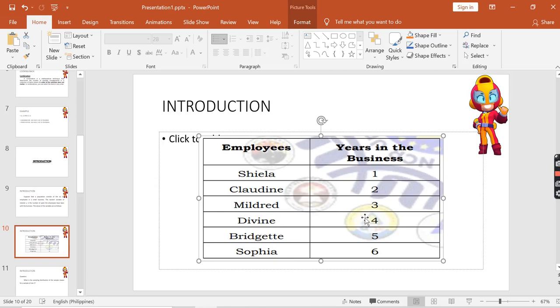On the other hand, Mildred is now on her third year in the business, and so on and so forth, until Sophia, who is now on her sixth year in the business. So this is our interest, the year in the business. This is what we want to know, so the discussion will revolve around the year in the business.